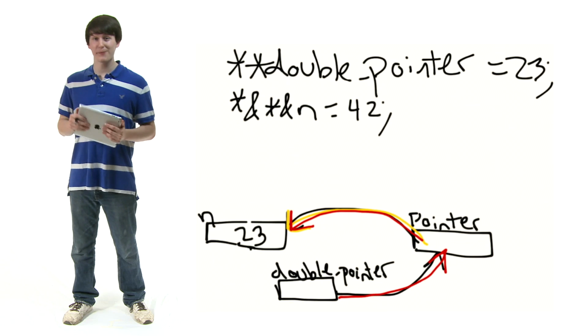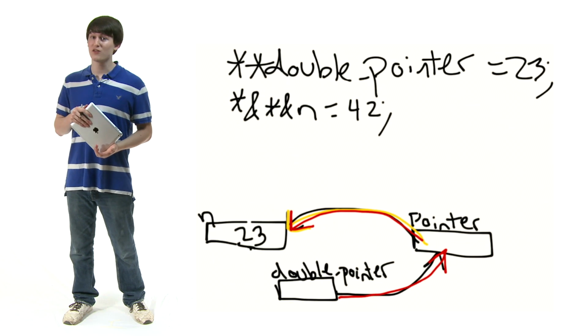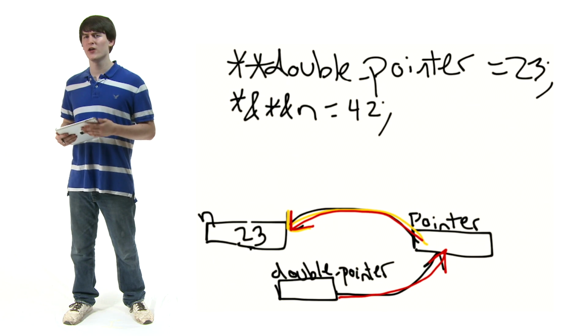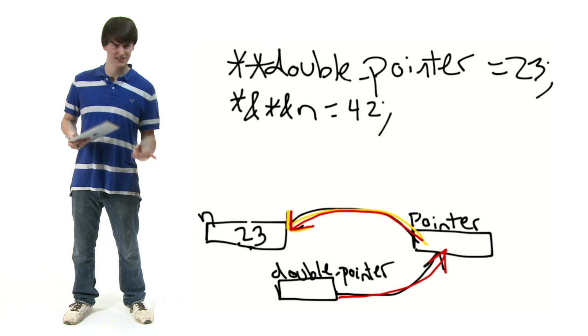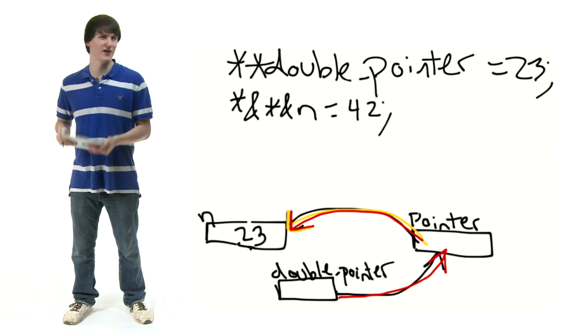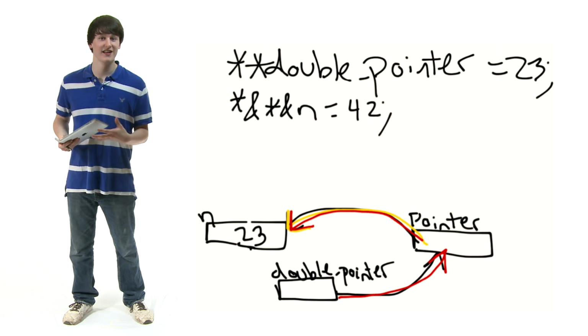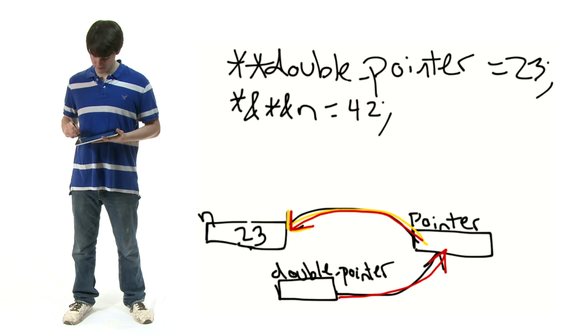What are we actually doing here? The first ampersand grabs the address of the variable n. Then we have a dereference operator, which means we are going to that address in memory. So we're back at n. Now we grab the address of n again and immediately dereference. So we're back at n and store 42.